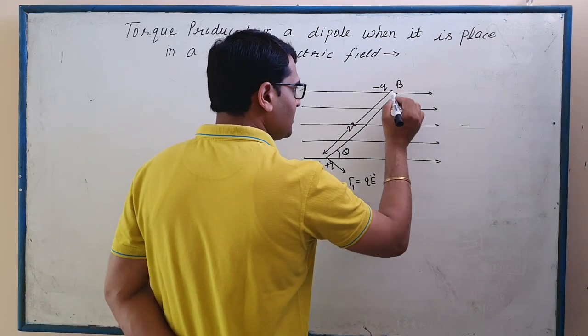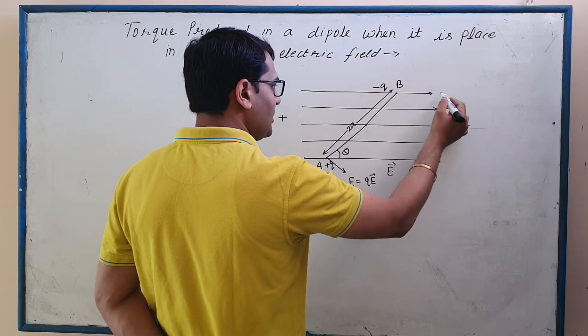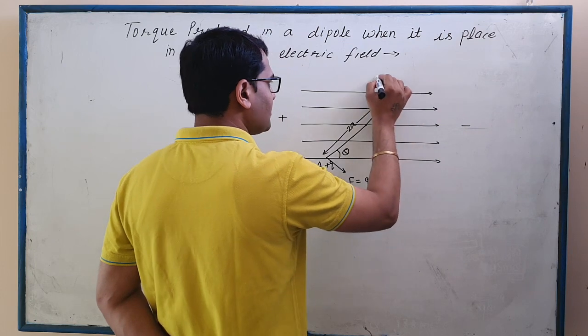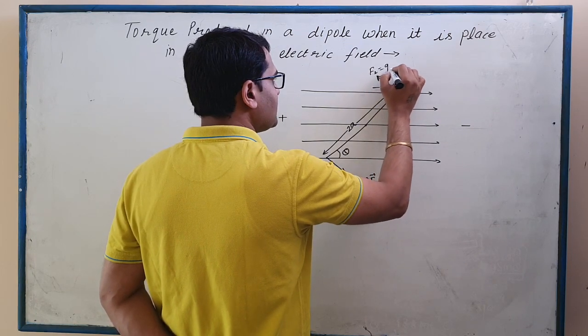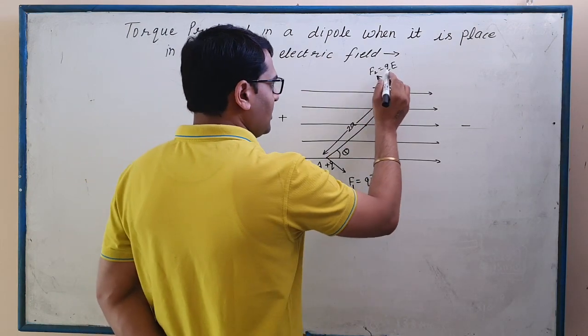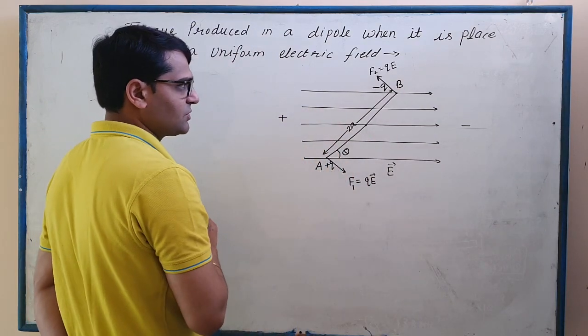In a similar manner, this charge will experience a repulsive force due to the presence of the negative charge in this direction, F2, that is minus QE. Minus QE means the direction is opposite to the direction of this force.